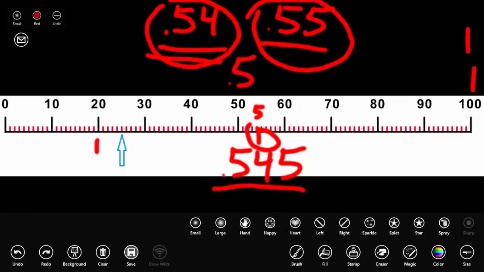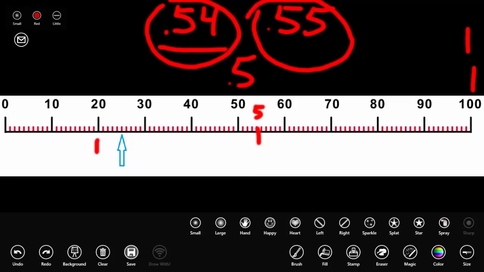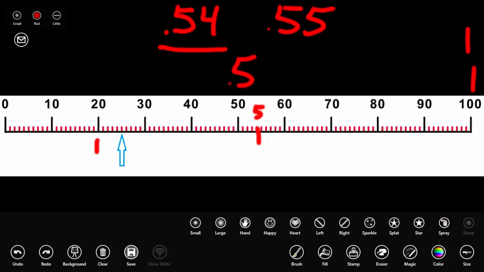Now, if we wanted to list more decimals that are between 54 hundredths and 55 hundredths, there's actually an infinite amount of decimals. However, we're only going to list the ones that are to the next place over to the right of the decimal after our hundredths, which is our thousandths.